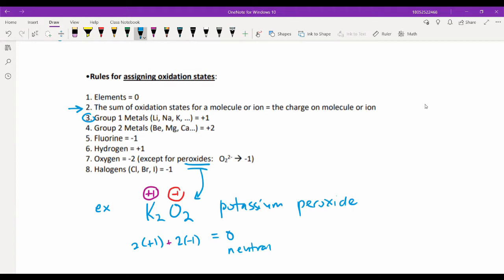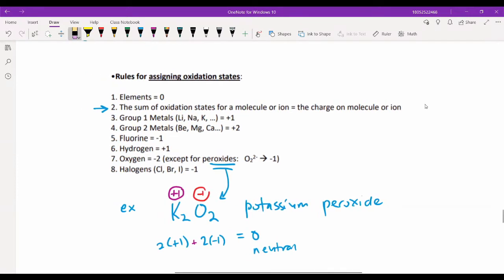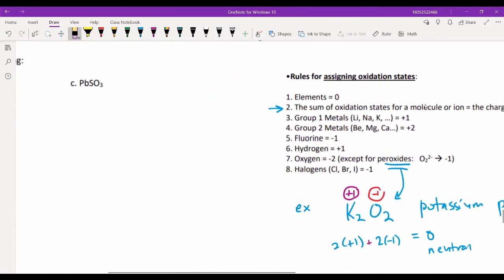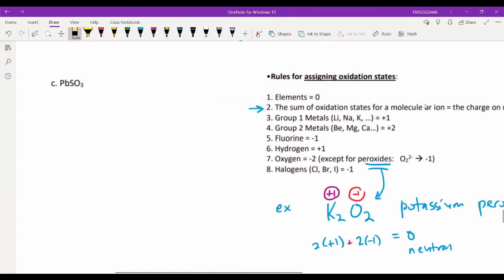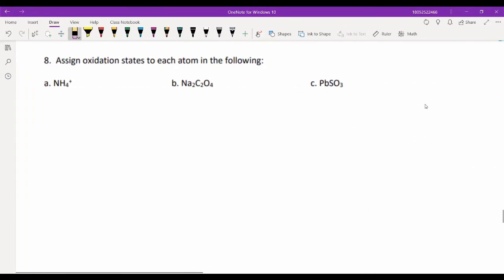I wanted to point that out to show you the hierarchical nature: if you get a tricky one, the lower number rule supersedes the other ones. There is an importance to how these are numbered, but in most cases you're not going to really need to utilize that because you'll just have common things that you're pretty much used to.